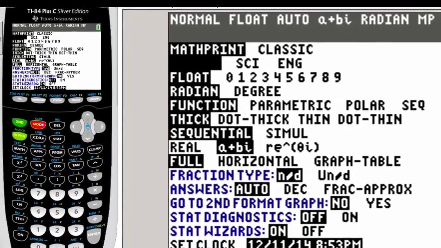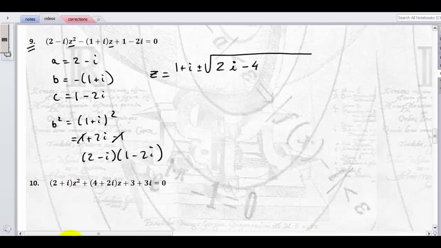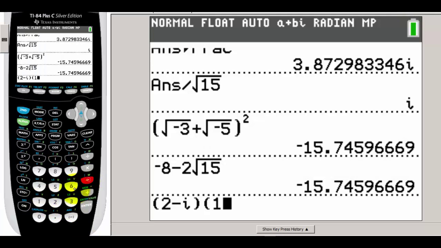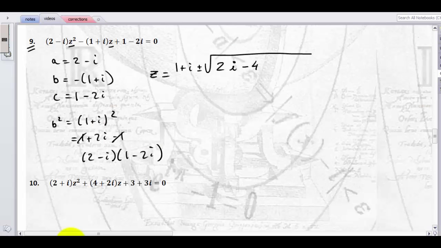I'm going to do 2 minus i, times 1 minus 2i, and you will see it's really nice. Let's close it and enter: negative 5i. Beautiful, negative 5i. So minus 4 times negative 5i.